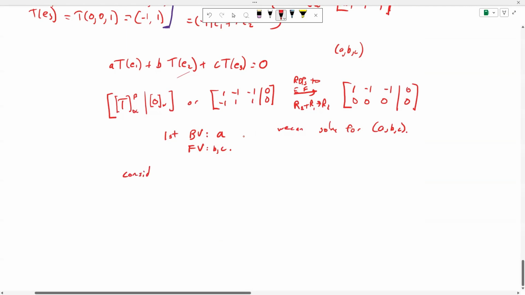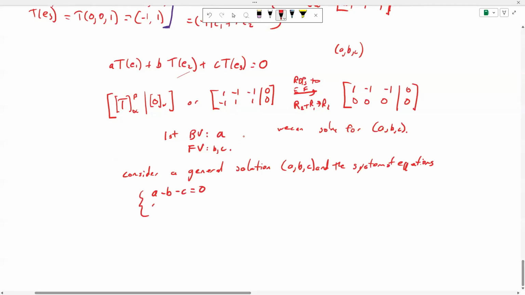Consider a general solution (a, b, c) and the system of equations a minus b minus c equals 0, and 0a plus 0b plus 0c equals 0.